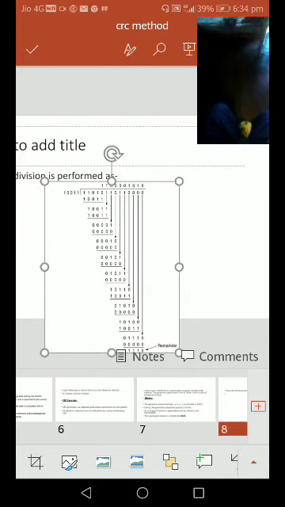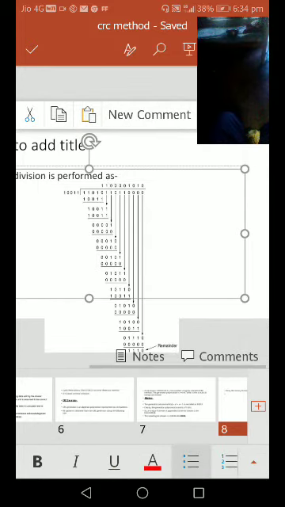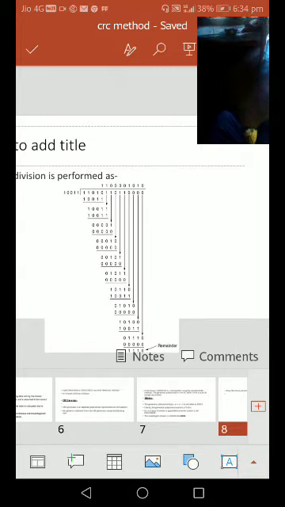The data is 11010 11011, the 5-bit data is taken here. The divisor is 10011, and the dividend is the original data with 4 zeros added to it.